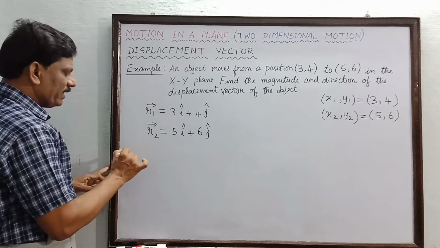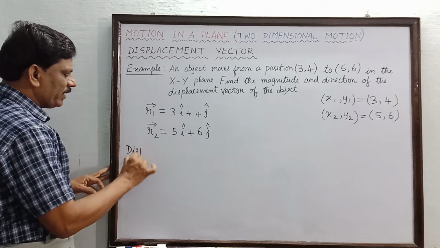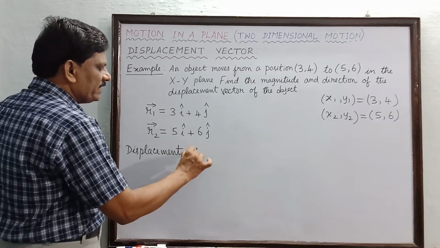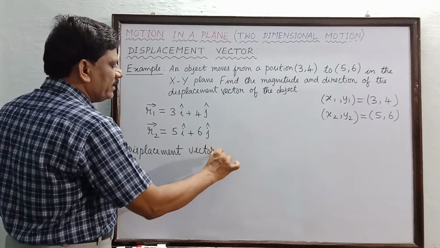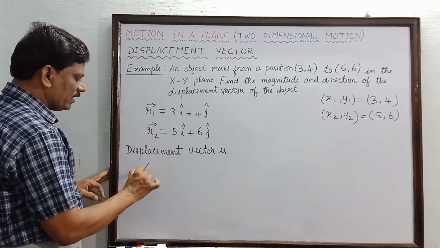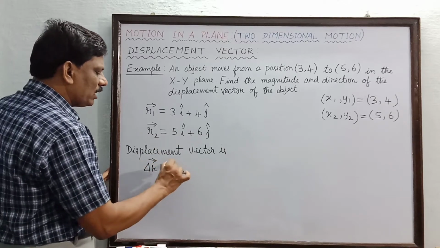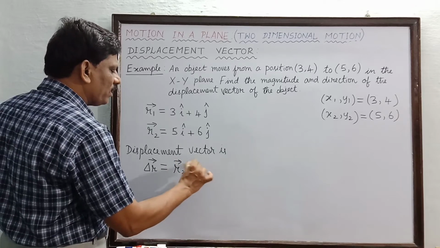Now the displacement vector, which we will find first, is denoted by delta r, and this is equal to r2 vector minus r1 vector.